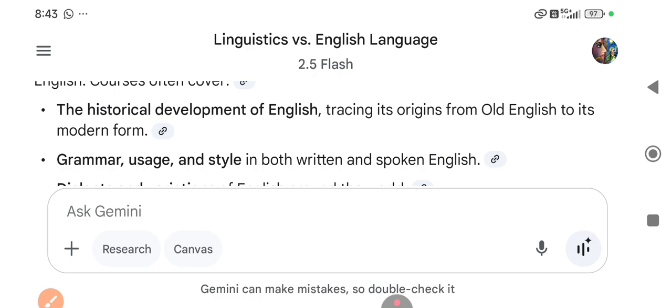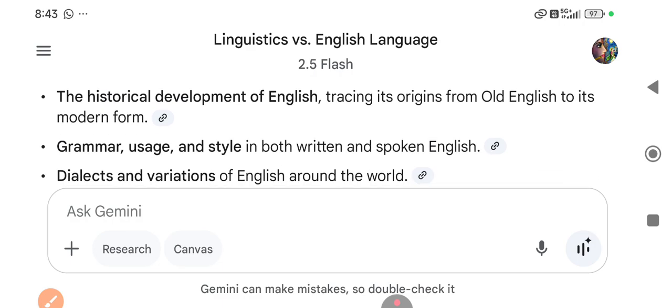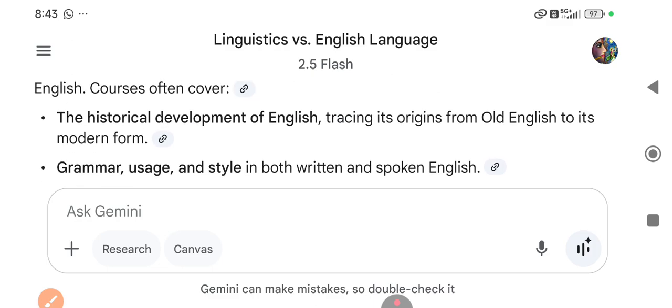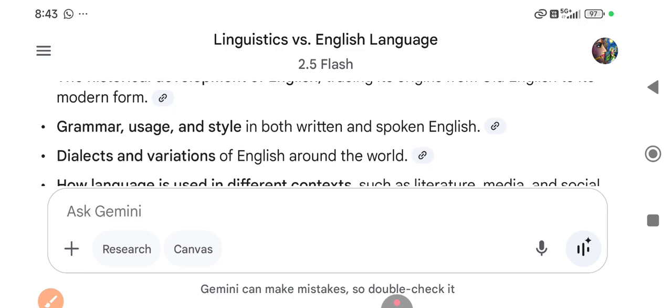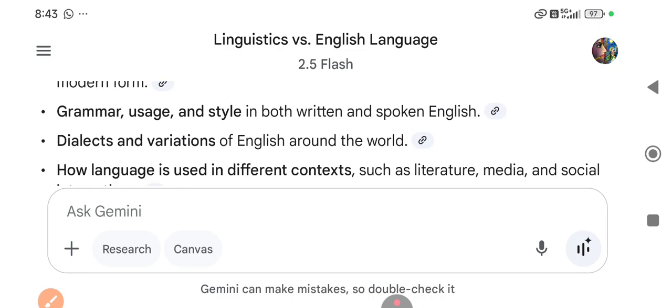That's part of the English language, because we need to know what is old language and what is modern, the journey from old language to modern language. That's the journey we study in language. Then grammar, we study grammar in language, then usage and style in both written and spoken English.